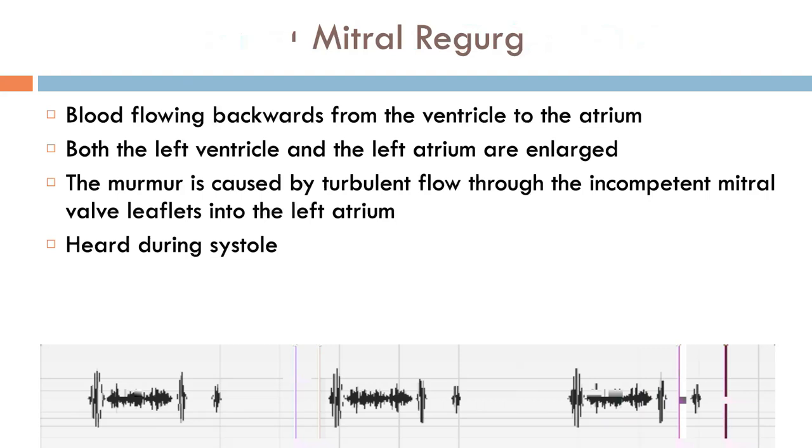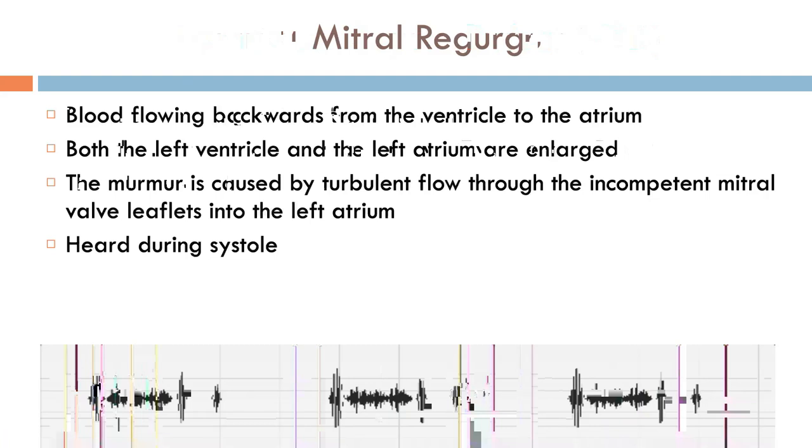You'll hear the S1 and the S2, but you have the flow murmur going on. Usually this is what they call a holosystolic murmur, meaning it's through the whole phase, versus a regurg, which might be only during different parts.